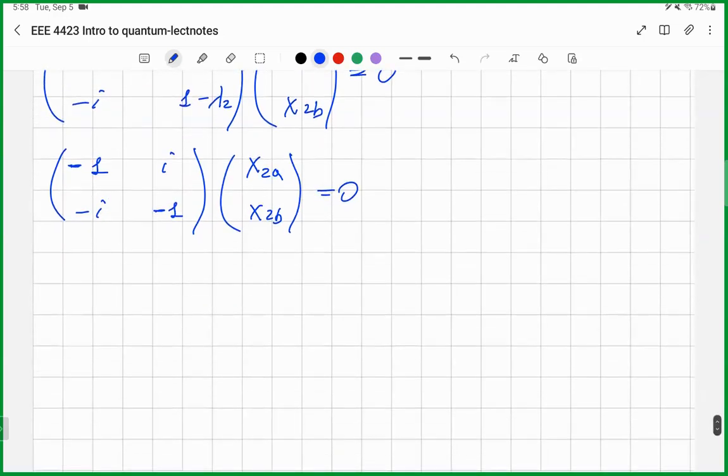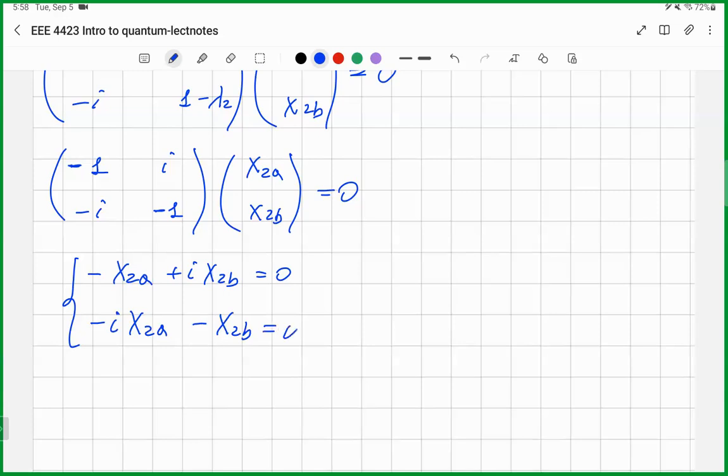Okay. So the equations are minus x2a plus i x2b equal to 0. And the second is minus i x2a minus x2b is equal to 0. Again, they are identical up to multiplication by imaginary unit.